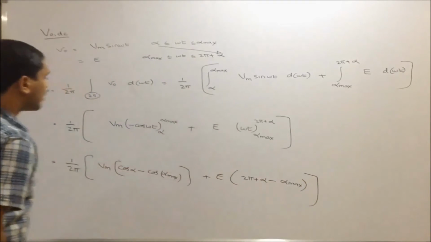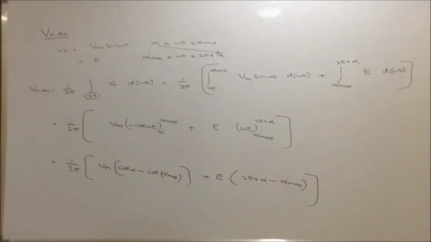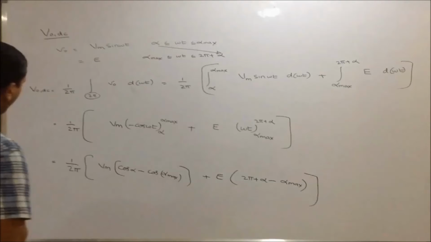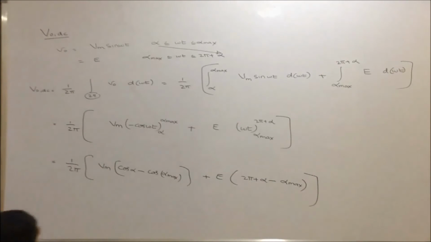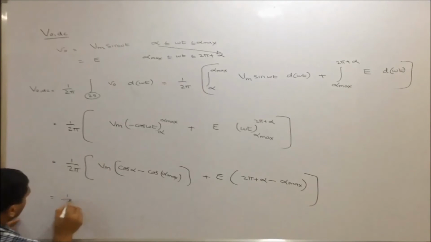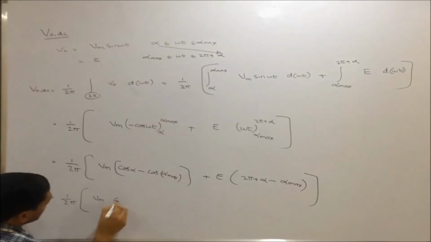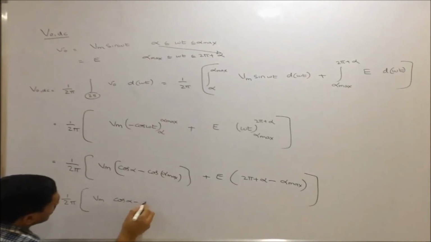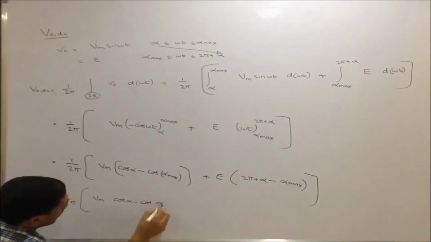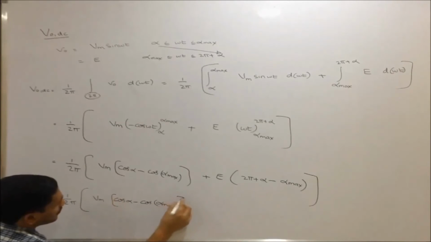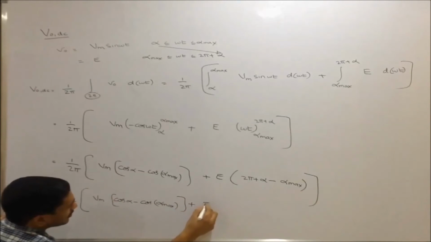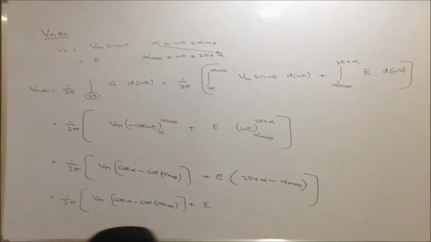This is what I have got. Now we will simplify this a bit. So what happens? It becomes 1 by 2 pi Vm into cos alpha minus cos alpha max plus E into what is alpha max?